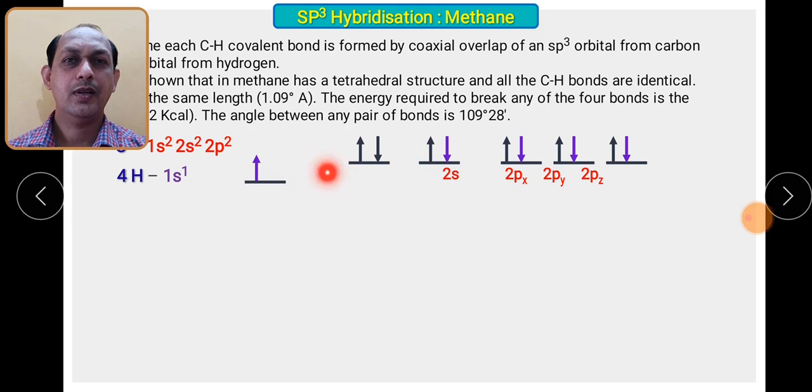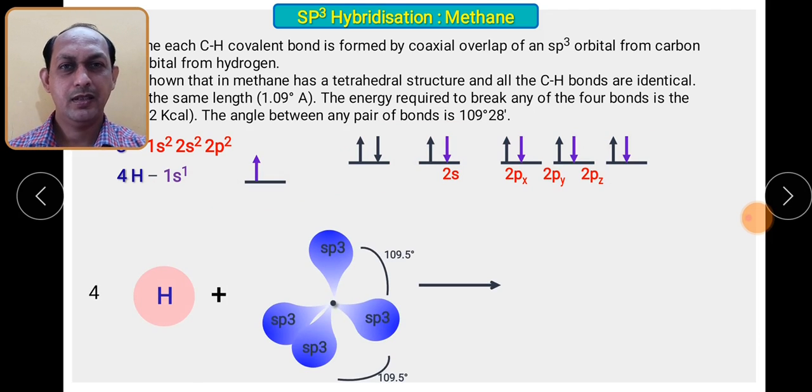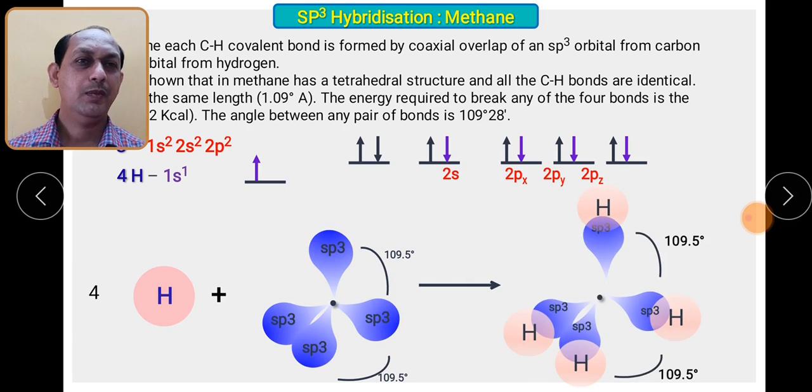So these four electrons are accommodated in this shape, and here you can see that sp3 hybridization takes place. So four H and the sp3 hybridized orbitals combine to form the new methane molecule. So here you can see the methane molecule.